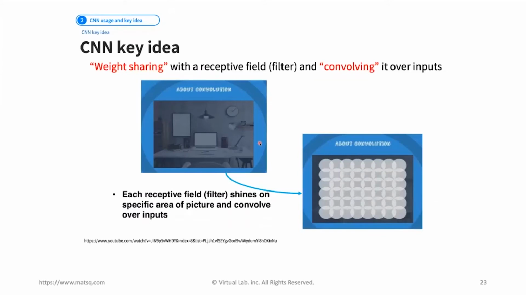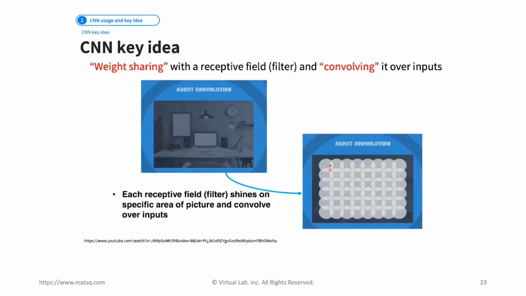So the key idea of convolutional neural network is the filter and the weight sharing. You can think of a filter as a small window, and inside the window is filled with weights. I mentioned window, but this is a filter. A filter is filled with many kinds of numerical values we call weights, right?